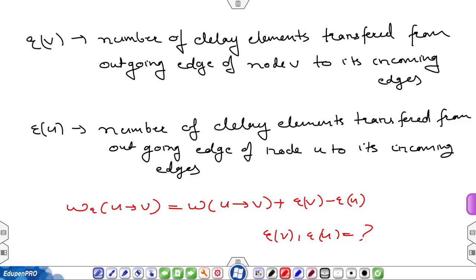WRU to V, that is the weight of the edge between U to V in the retimed graph, is given by WU to V added by RV subtracted by RU. This is already given. You can obtain it from the graph. You have to find RV and RU.